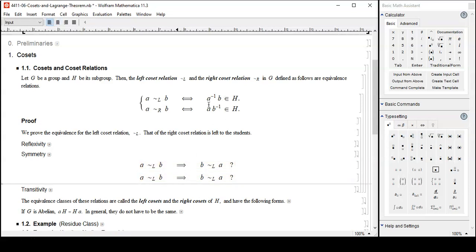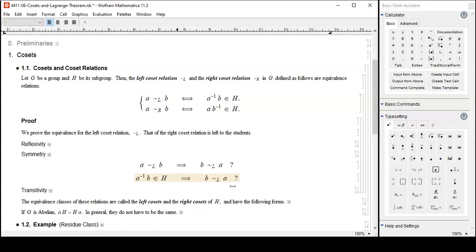Well, the definition of A related to B is right here. So, let's rewrite that. Then, is this true? Up to switching A and B. What do you think? How do you prove that?